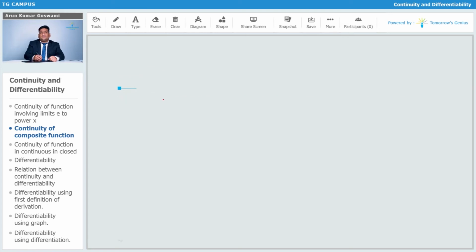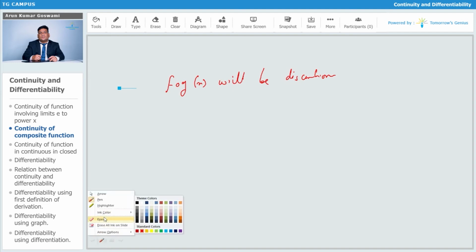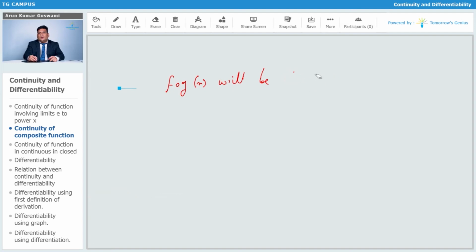So my fog of x will be discontinuous. At first, the point is at x is equal to 1, we know that.